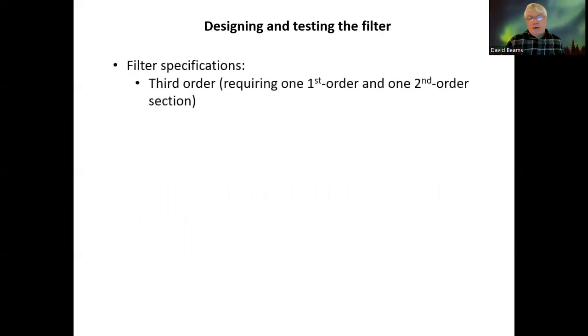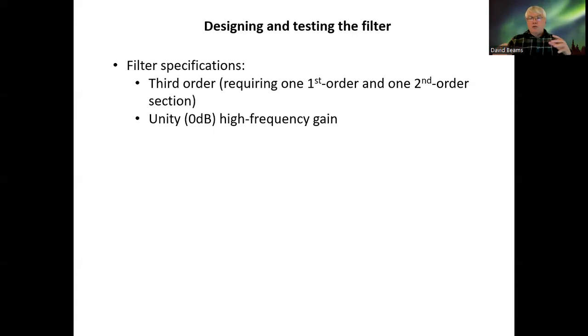As you might guess, I am planning for an odd order for this prototype. To illustrate the design process, we're going to do a third order filter requiring a first order section and a second order section. I'm going to specify that the filter have a high frequency gain of unity or 0 decibels.